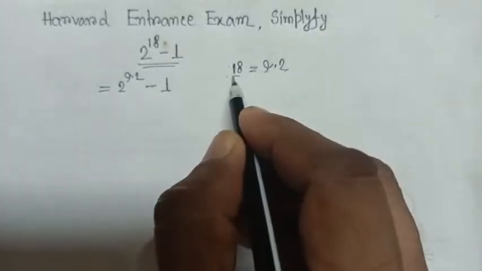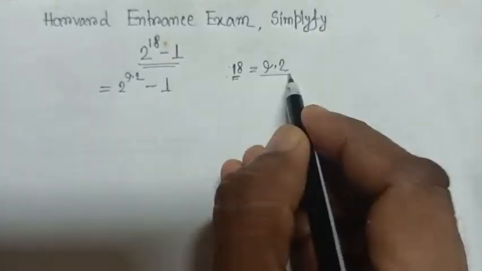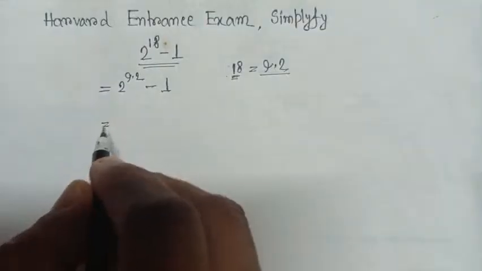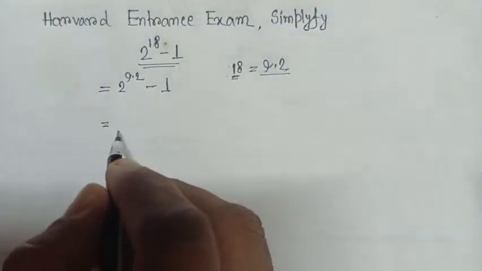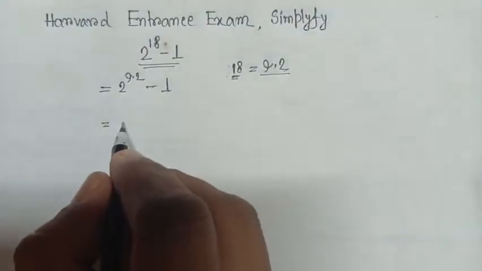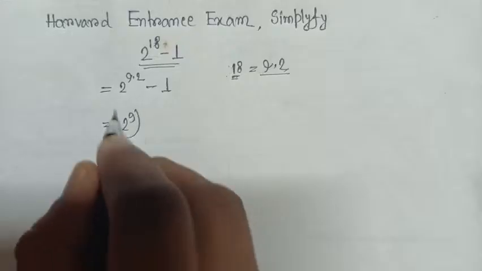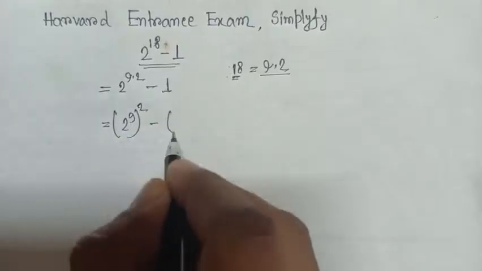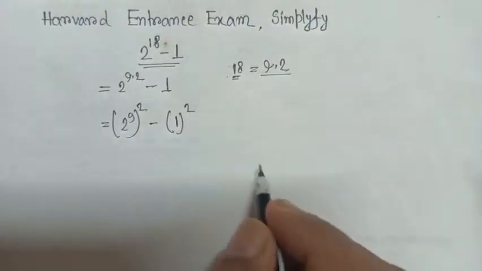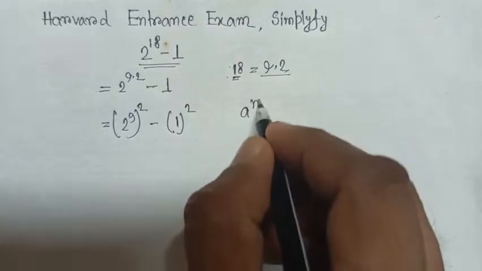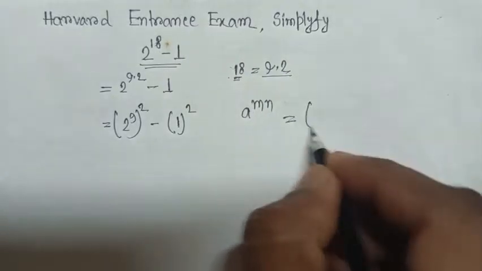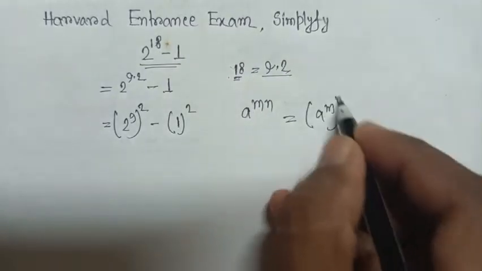Now we can write 2 to the power 9 square minus 1 square. As we know, a to the power mn is equal to a to the power m, to the power n.